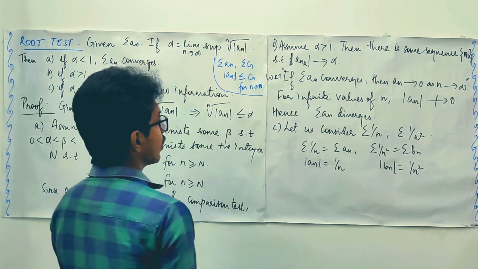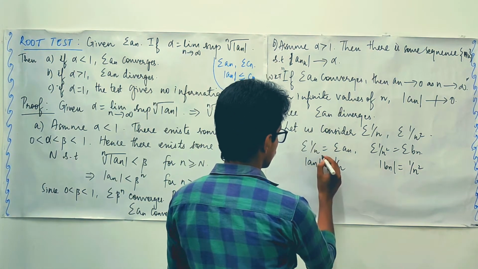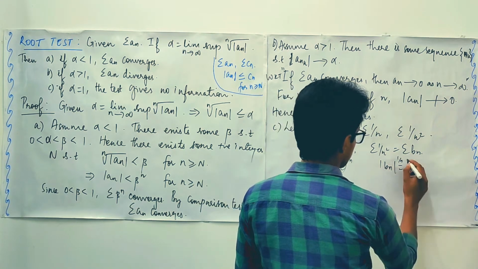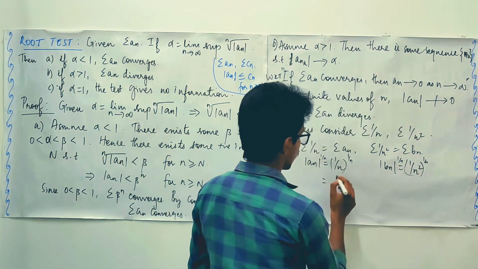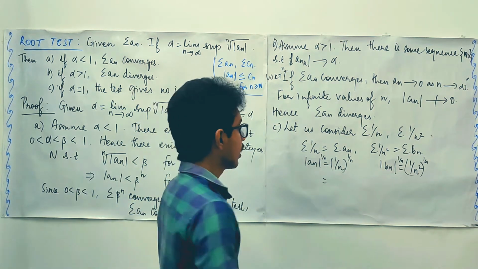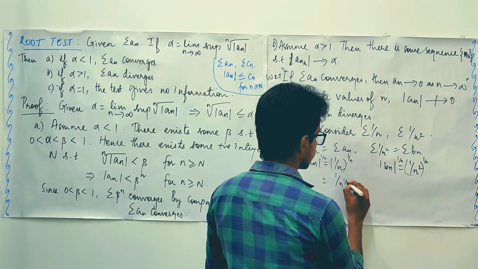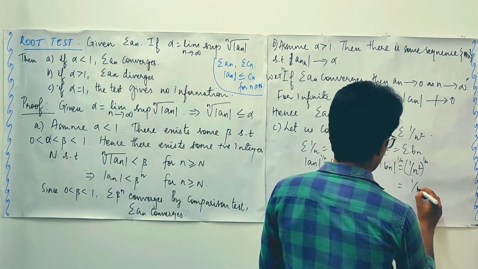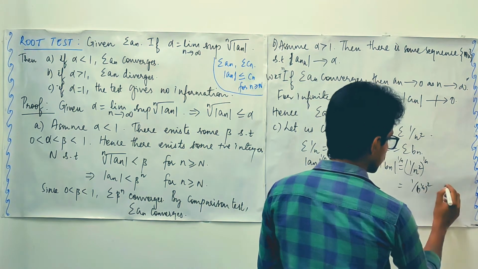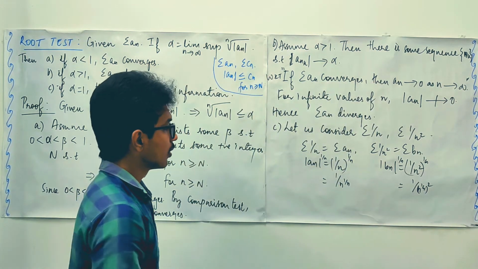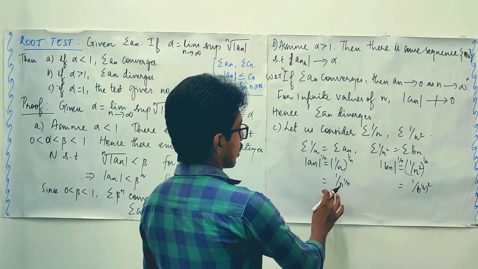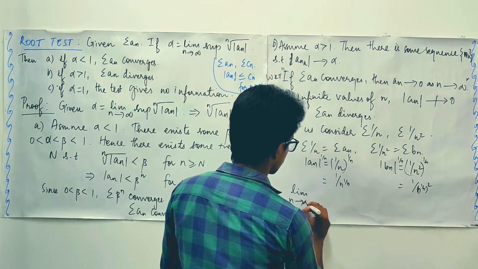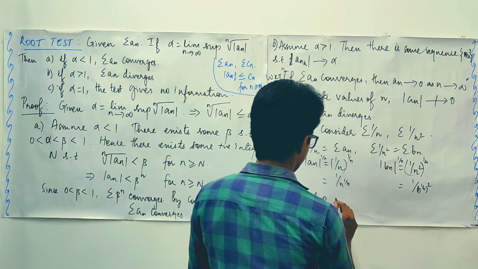Now what should we do? We have to take the nth root. So the nth root of this is what we are going to look at. 1 power anything is going to be 1, and hence it is 1 upon n power 1 upon n, and here we are going to have n power 1 upon n whole square. Now we have to take limit n tends to infinity and supremum.